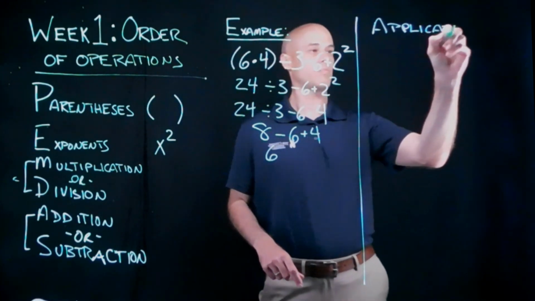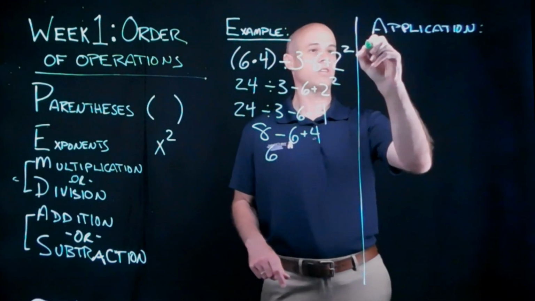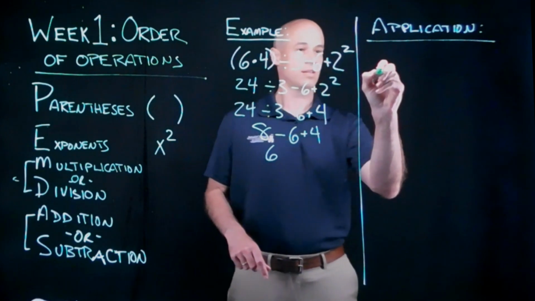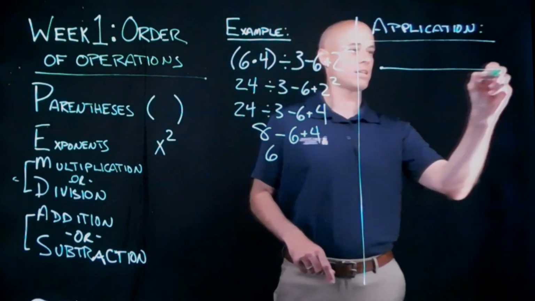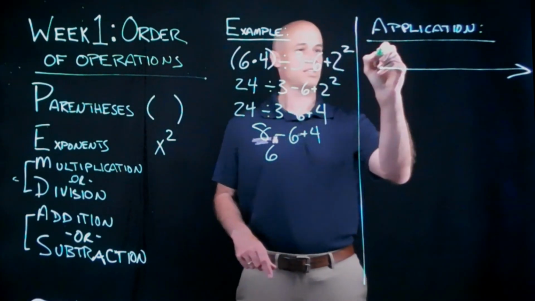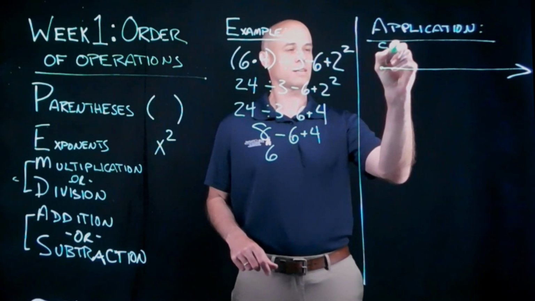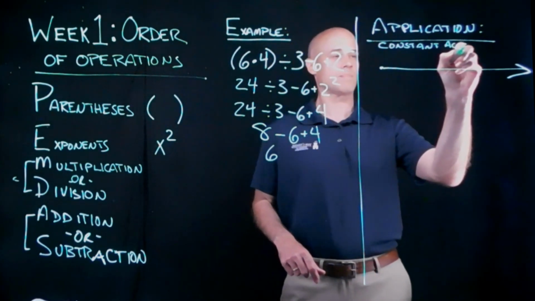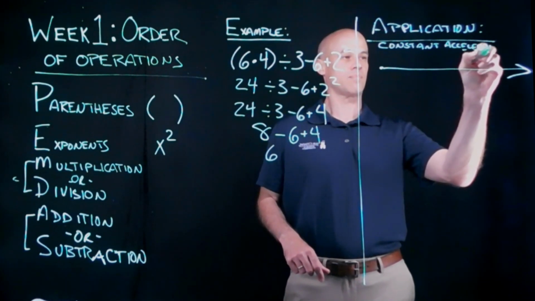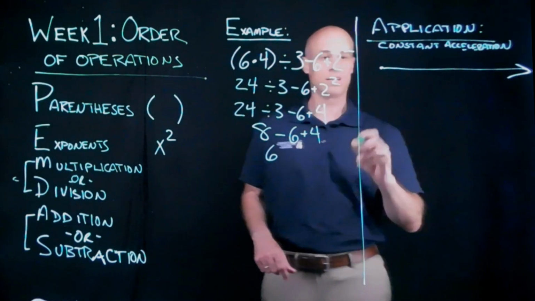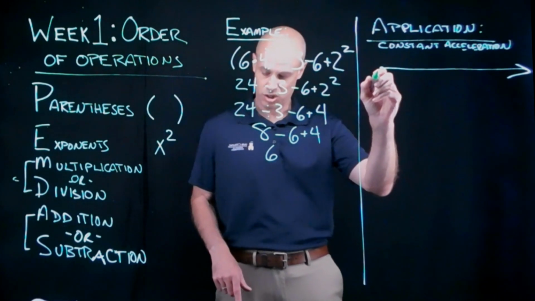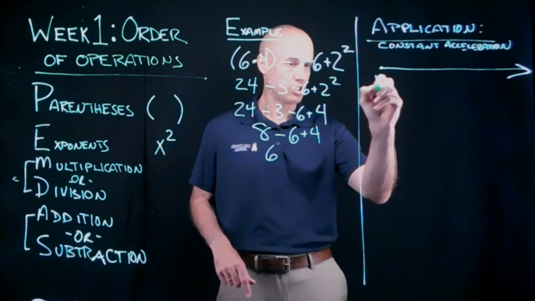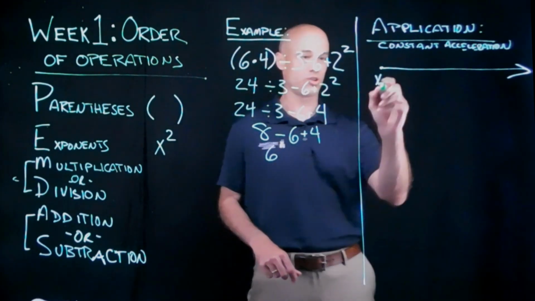Also an example. And here we're going to look at a vehicle that's going to be accelerating with constant acceleration. And we want to know how far it's going to travel.